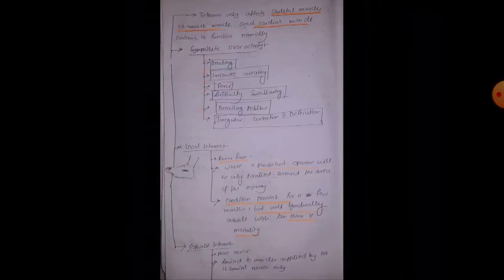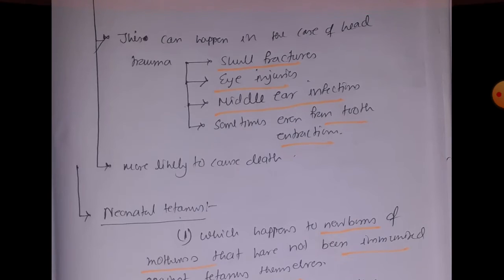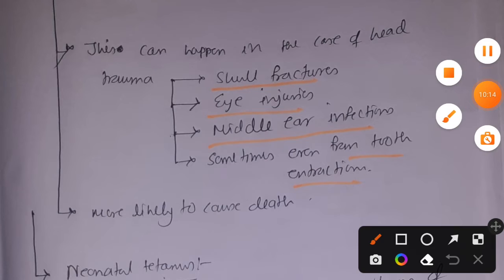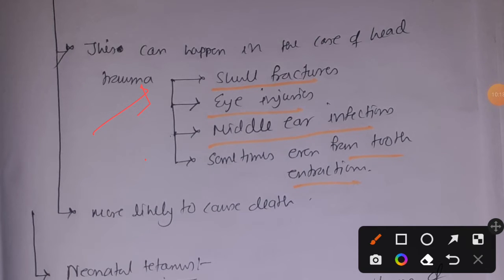It mainly occurs due to head traumas, let's say skull fractures, eye injuries, middle ear infection, and sometimes even tooth extraction, and it has the ability to cause the most deaths.